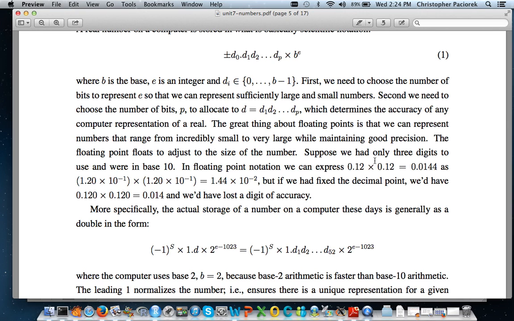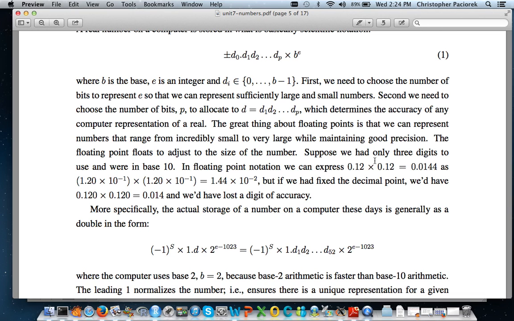But the nice thing is if I'm working in scientific notation, as this is saying here, then this 0 can get pushed over into the exponent part, and I can keep the 1 and the 4 and the 4 in my three decimal places of accuracy.